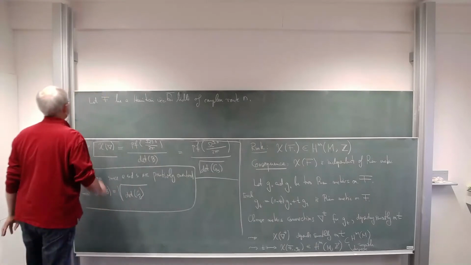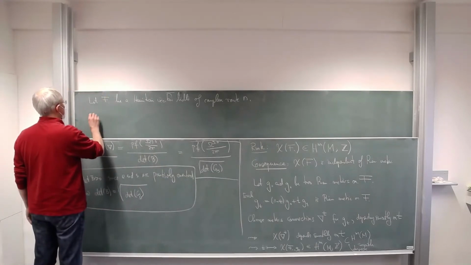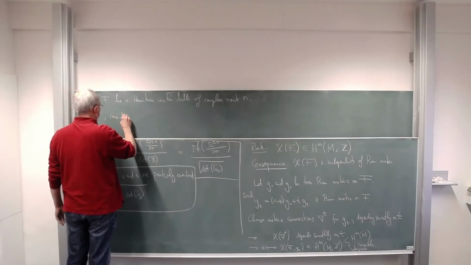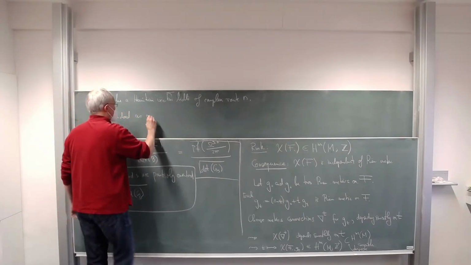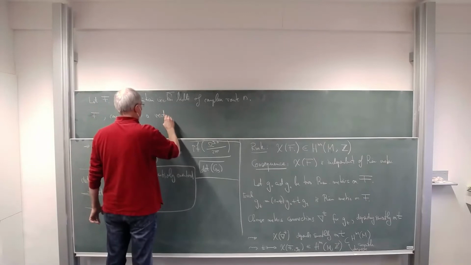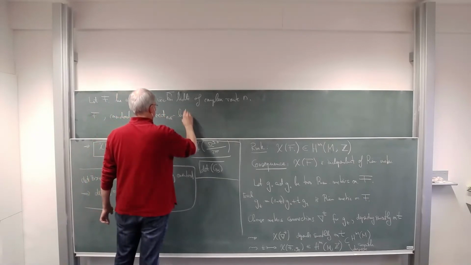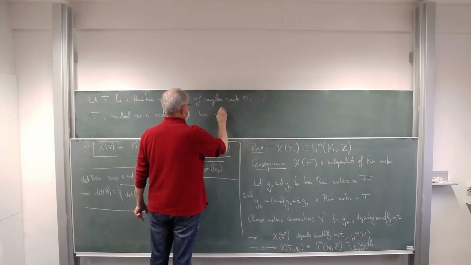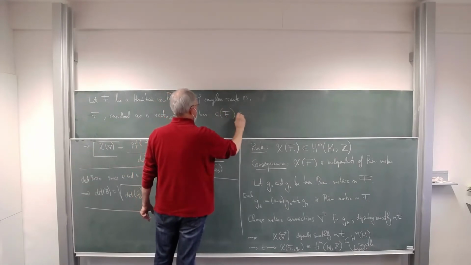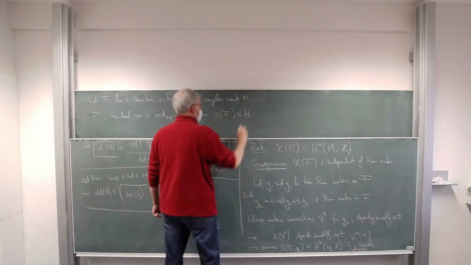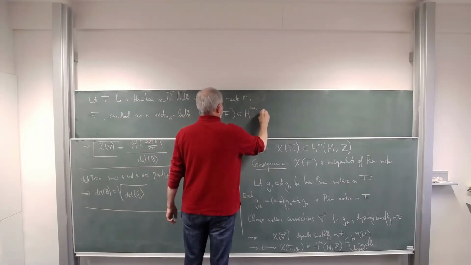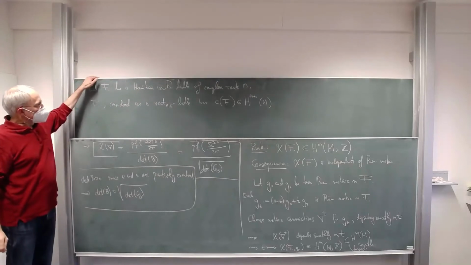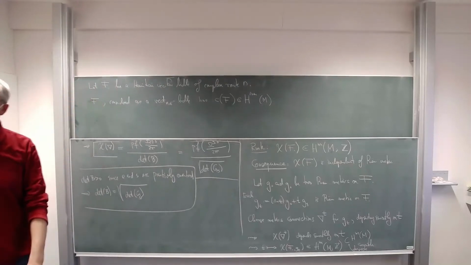Right? So F considered as a complex vector bundle has Chern class in the even homology of M. So this is when we just forget the Hermitian scalar product.